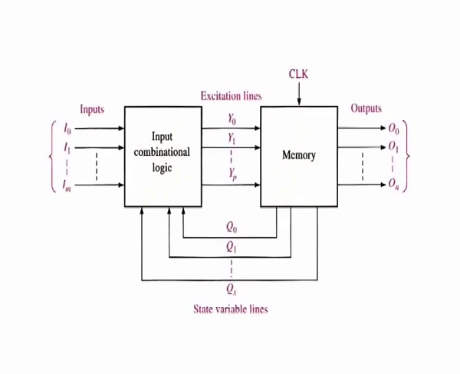However, all have excitation variables and state variables. Counters are a special case of clocked sequential circuits. In this topic, a general design procedure for sequential circuits is applied to synchronous counters in a series of steps.